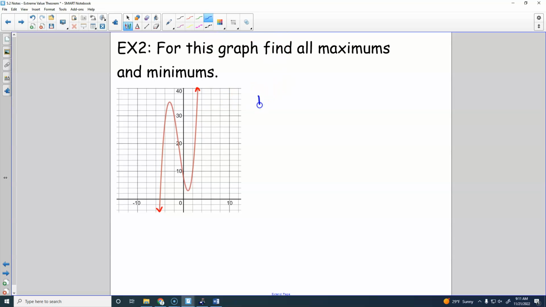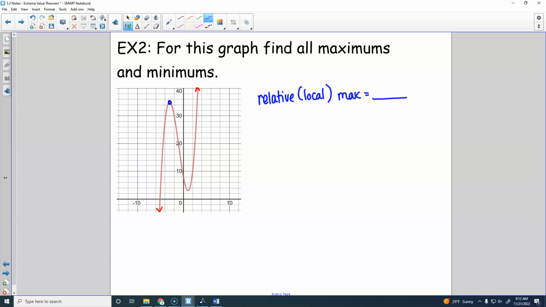For my relative or local maximum, what is my relative or local maximum? And you may have to estimate a little bit. It would happen right here.